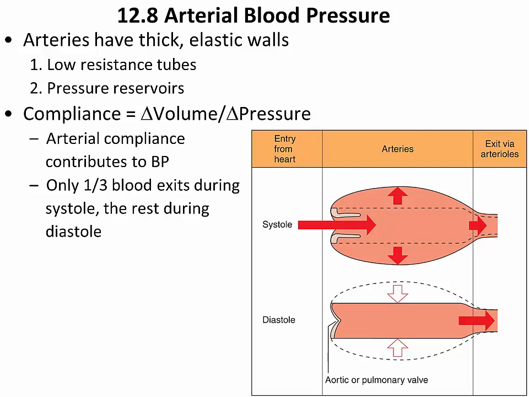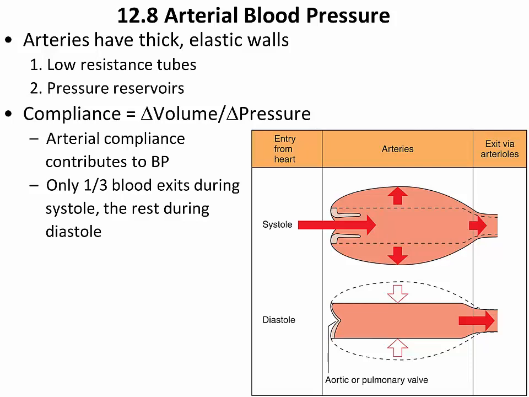What we notice in our figure on the lower right-hand side of the diagram is this. As the ventricle contracts during systole, blood is pushed into the arteries. But what we see is this, that only a third of the stroke volume, the blood that entered the arteries, leaves during systole. The remainder of that blood exits during diastole.